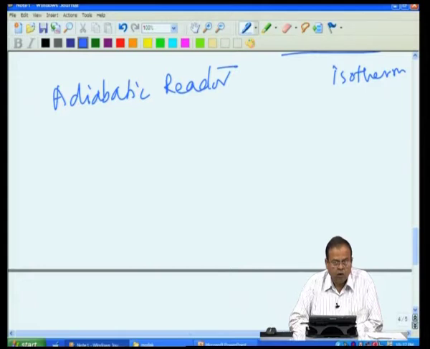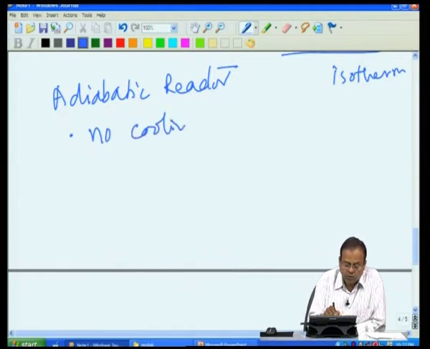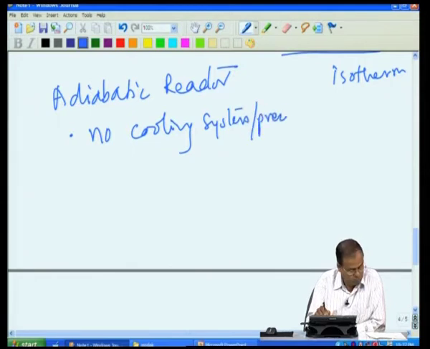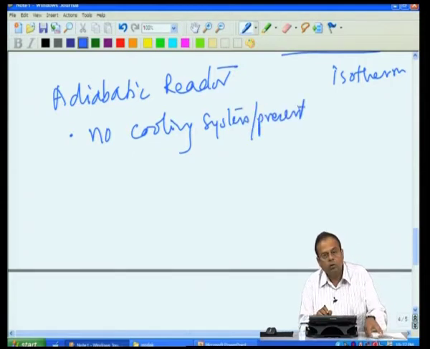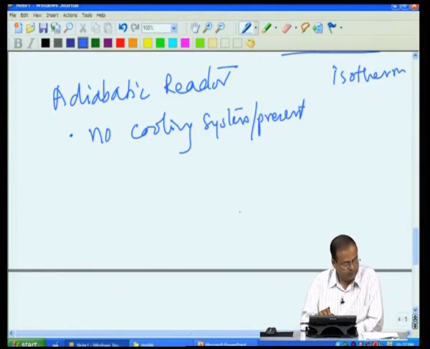Now, where do we come across such situations? One case where an adiabatic reactor may actually be operating is when no cooling or heating system is present.